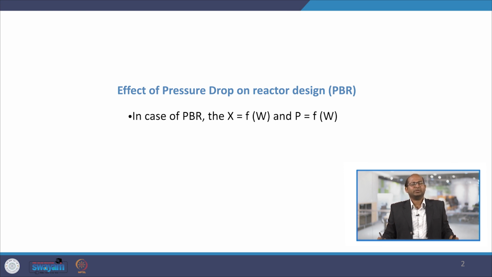Once the packing is there, the reactant will be charged from the bottom or top of the reactor, and once the reactant molecules come in contact with the catalyst, if we maintain the desired temperature and pressure, then the reactions will take place inside the reactor, and product formation should be there.